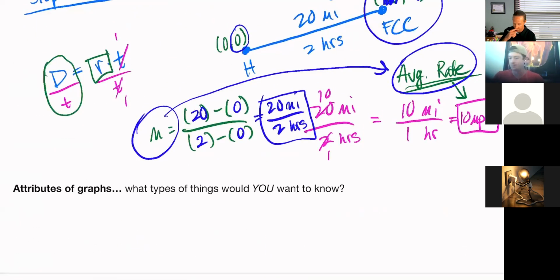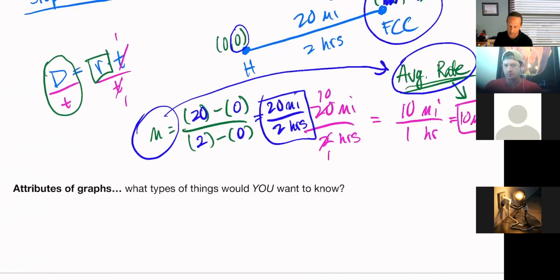So real quick, we're going to get to the attributes of graphs. What types of things would you want to know about a graph? What might be of importance to you? Just any old graph. What do you think? What would you want to know about it?